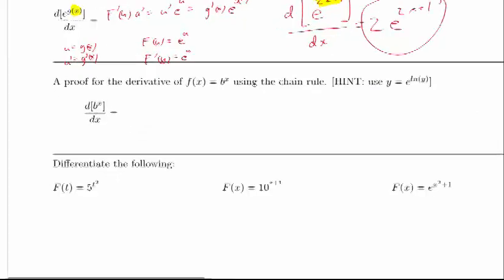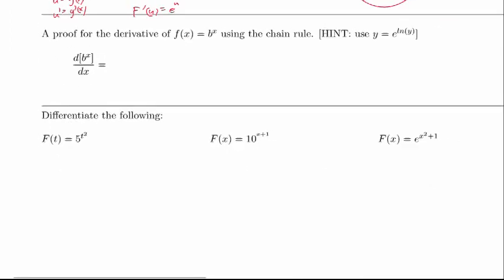All right, so let's use this for b raised to the x. It's not going to be as quick, but it's going to be pretty quick to go through this proof. So first thing we do is we're going to use our hint, that rule there.